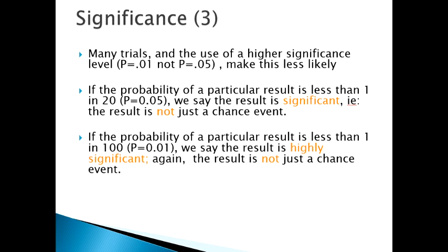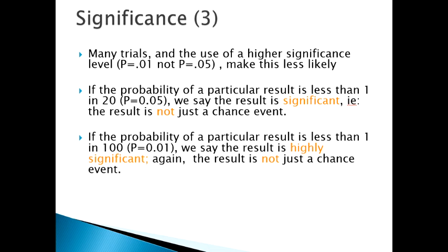You're going to talk about the probability of a particular result being less than 1 in 20 or less than 1 in 100. We look for the magic p-values of 0.05, 0.01. If you're not entirely sure about this or you haven't had statistics, well, don't worry about it.